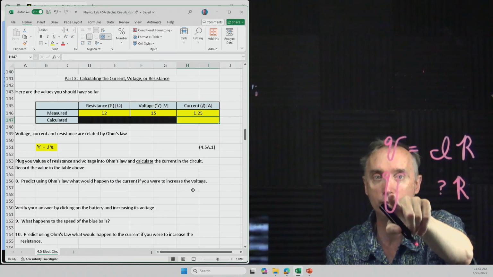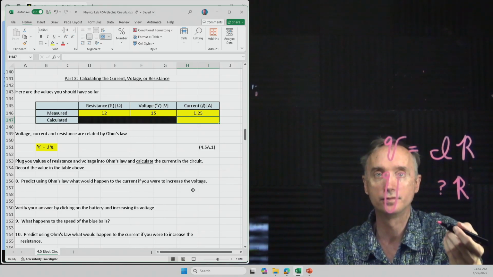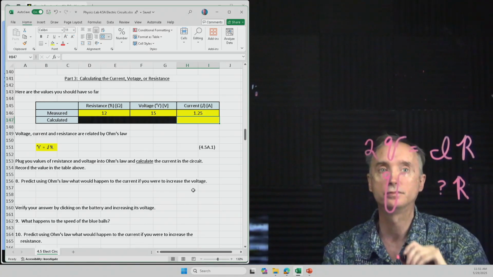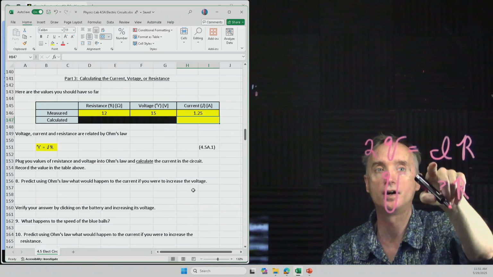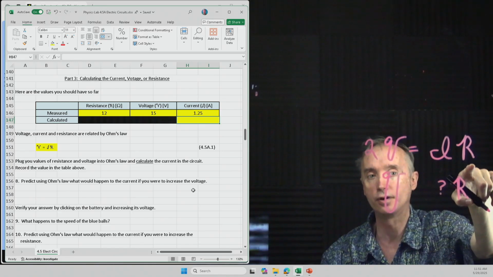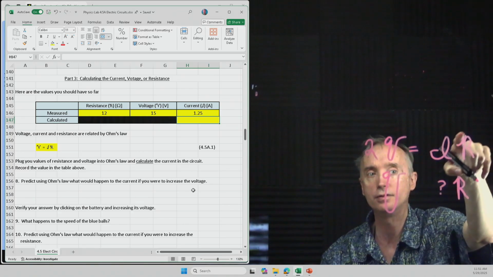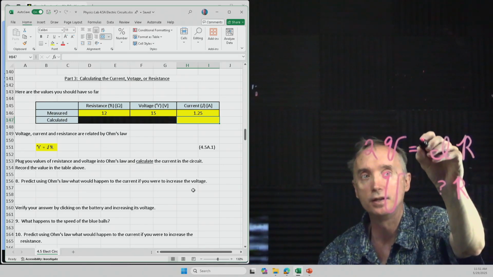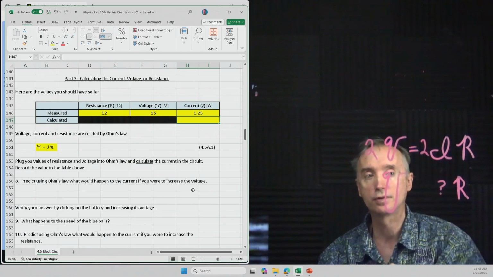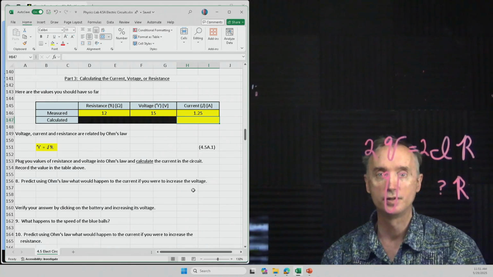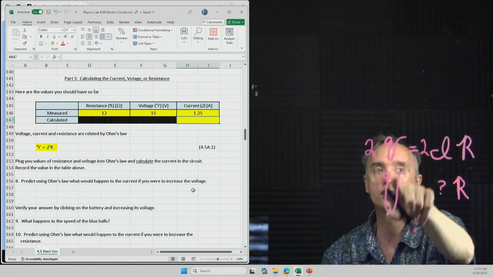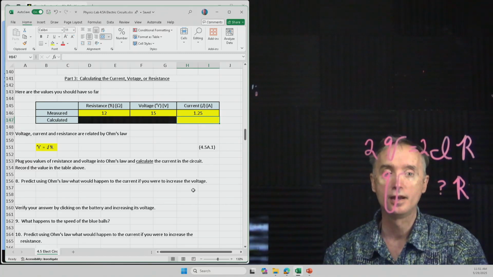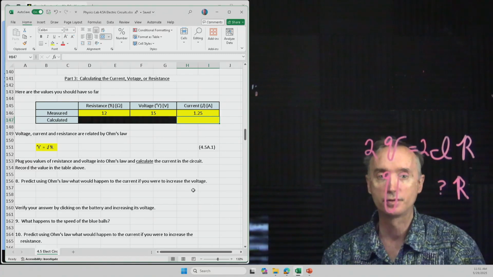The voltage got bigger, so let's say I doubled it. That would mean I'm going to double the V, so I have to double the other side over here, but I'm not doing anything to the R. So it's not the thing that's going to get doubled, it's going to be the current that is going to double. So if the voltage increases, then the current, okay, and you go ahead and put that into the lab.